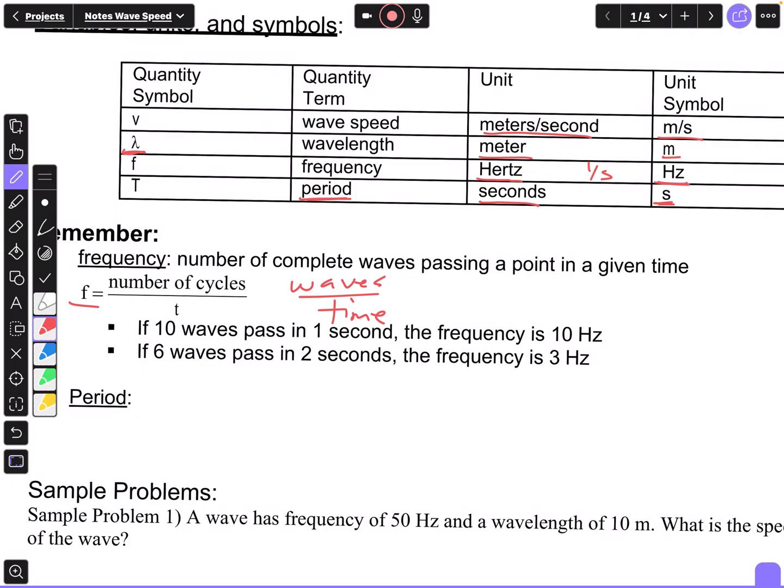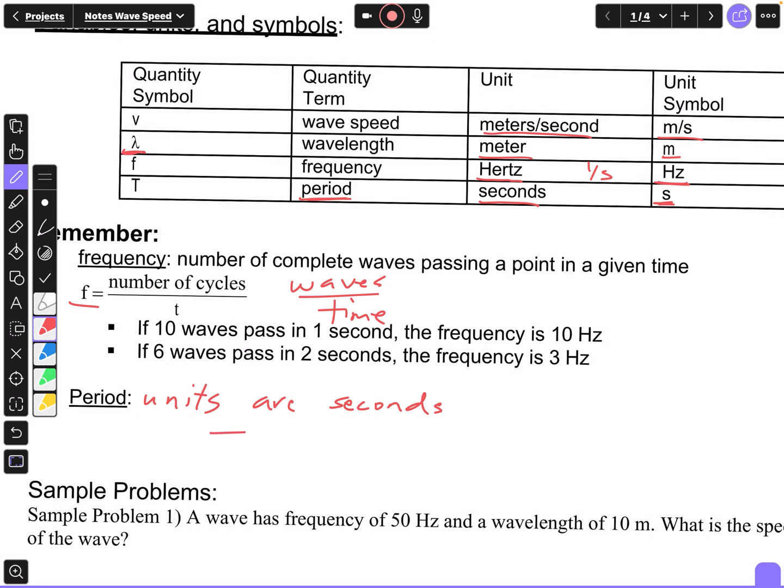And of course, we have this thing called the period. What we need to know about a period is that its unit is seconds. It's a measurement of time of waves, and it is the reciprocal of the frequency.